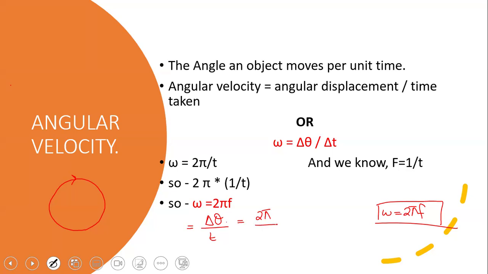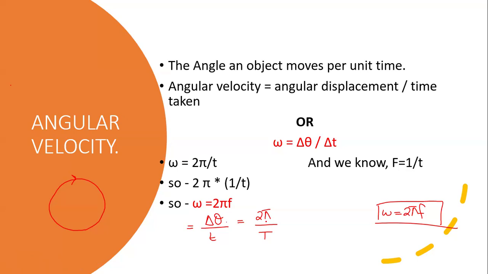Now, the time taken for one complete cycle is the time period, right? That's the definition of time period. Time taken for one wave, time taken for one oscillation, time taken for one complete cycle. So they said, let's say we are talking about one complete cycle, so the delta theta is going to be 2 pi.